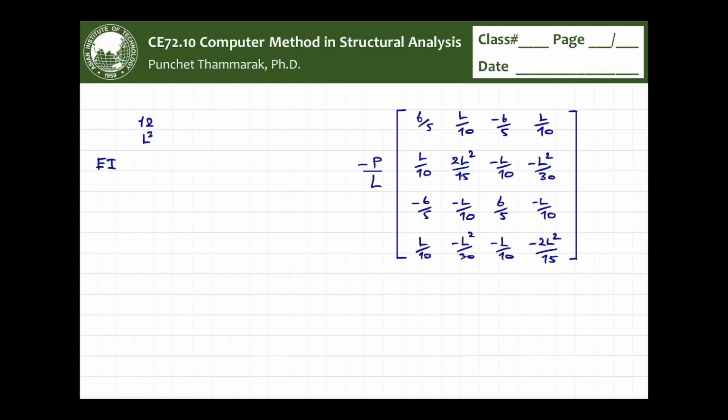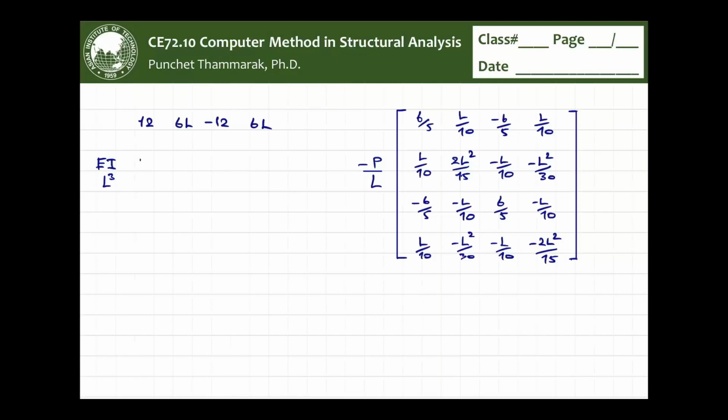So we can take the L cube outside, and then 6L, right, minus 12 and 6L.